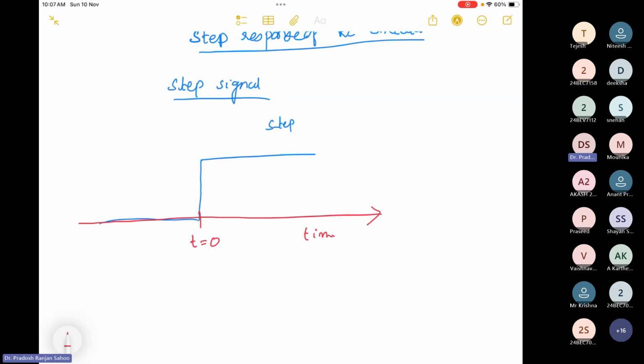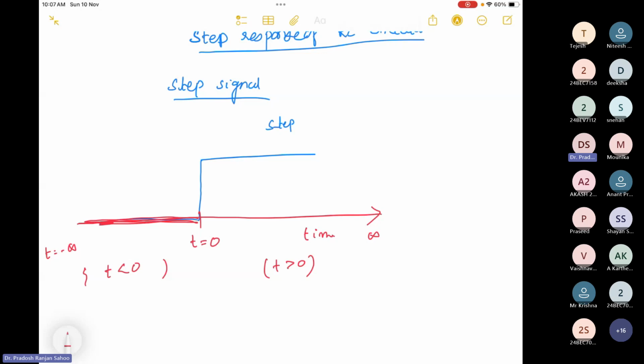You can see before t equal to 0, that means t from minus infinity to 0, this portion is called t is less than 0. And the portion when t starts from 0 to plus infinity is called t is greater than 0. So from minus infinity to 0, the amplitude is 0.